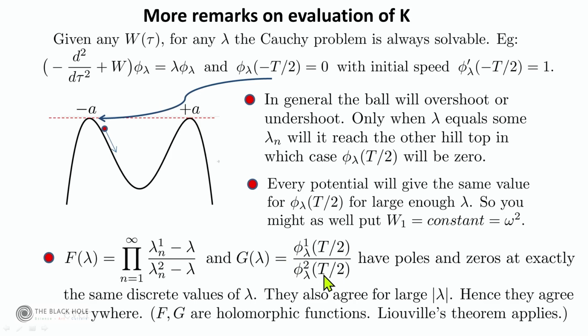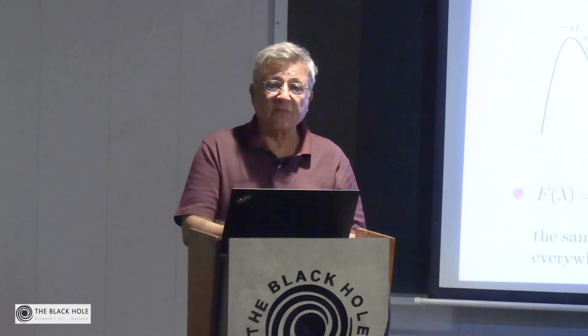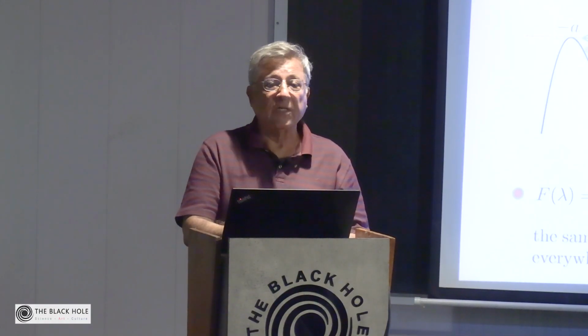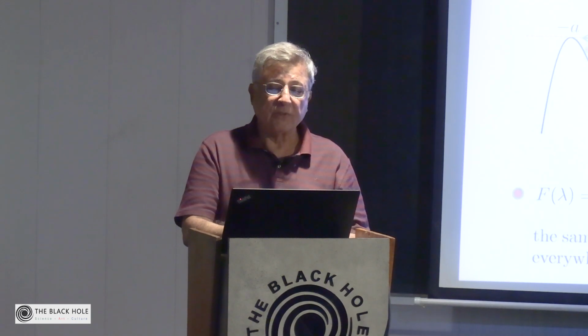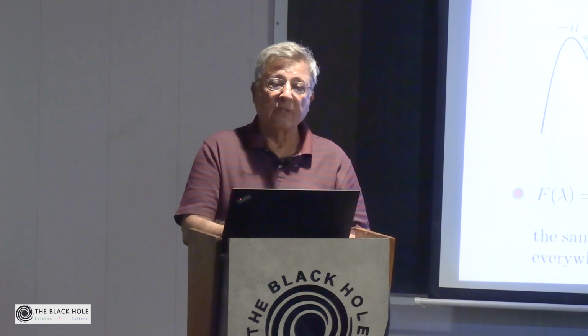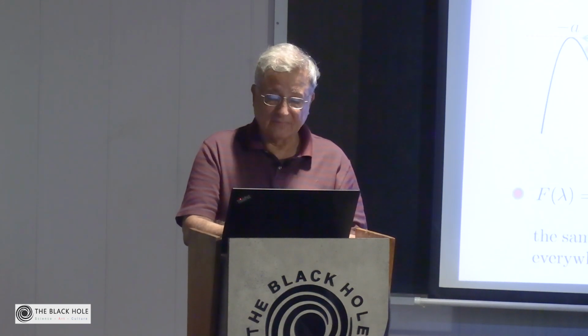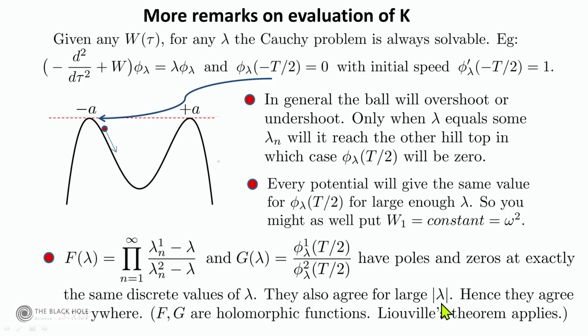And similarly over here. So the poles and the zeros of f of lambda and g of lambda are exactly at the same values of lambda. Now, there's a theorem of complex variables that if you have two functions that have the same poles and the same zeros, then they have the same function. Furthermore, they also agree for large lambda, and hence they agree everywhere.